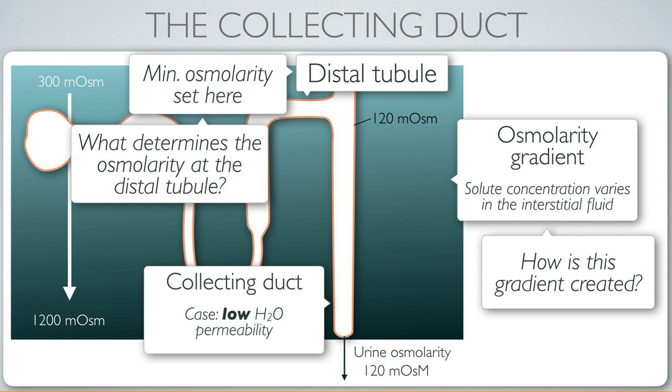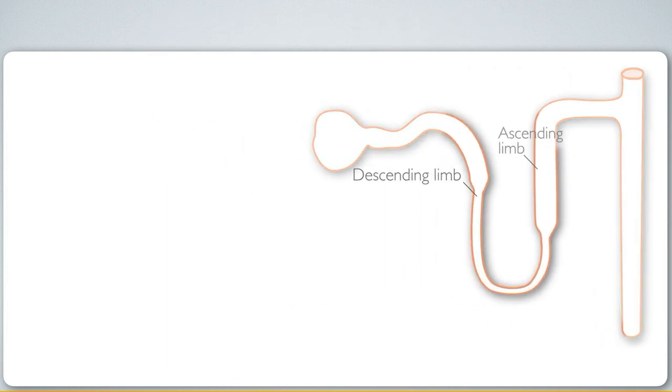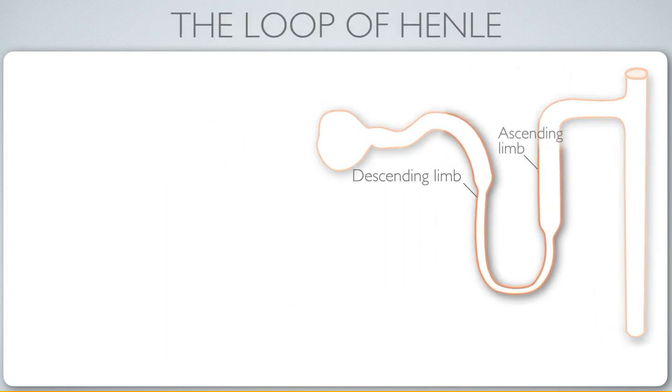You can think of the loop of Henle in terms of two parts, the descending limb and the ascending limb. The hairpin here you might call the loop of Henle, but really the whole structure is the loop of Henle. The membrane properties of the descending limb are very different from the ascending limb, and those properties are what determine the functioning of the loop of Henle.